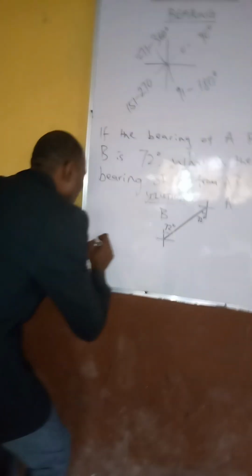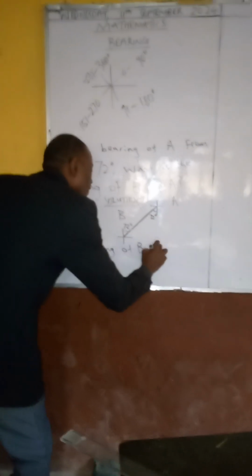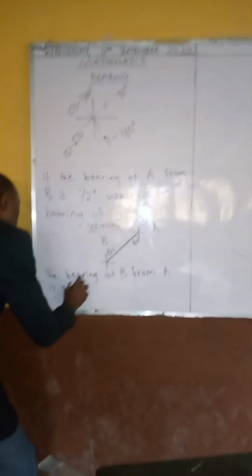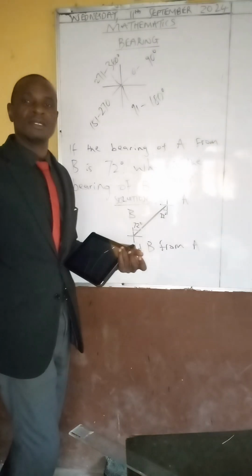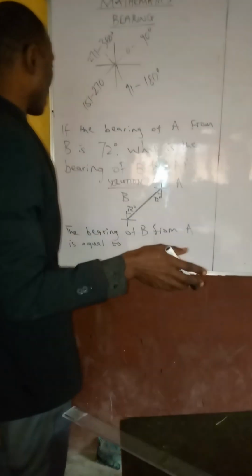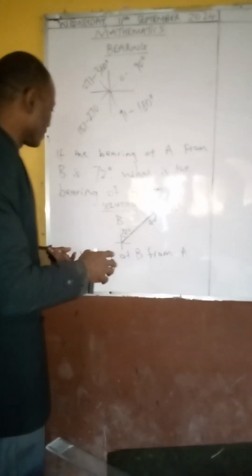In this case, the bearing of B from A is equal to... all you need to do now is go from A.